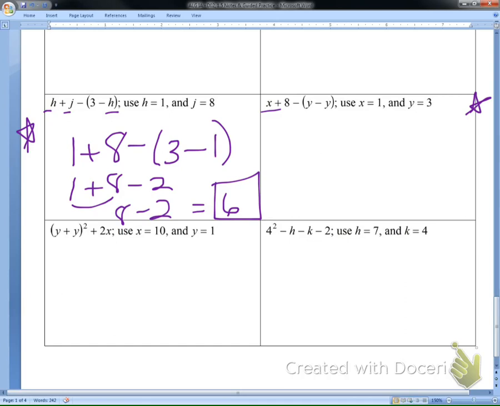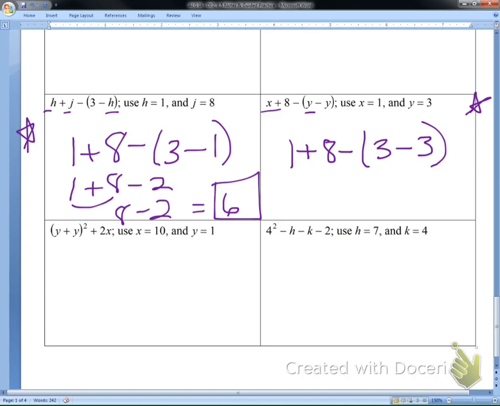So again, we start with a variable, so I'm going to write down the value of its variable, copy the problem. I come to the next variable, so I copy down and replace the second variable. Oh, this still didn't do what I was worried about.